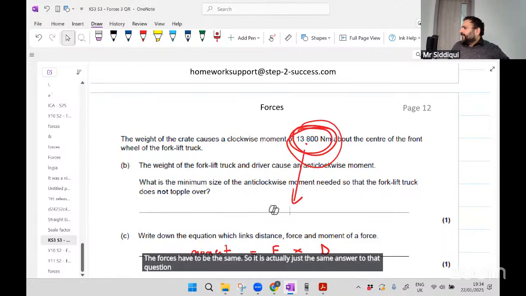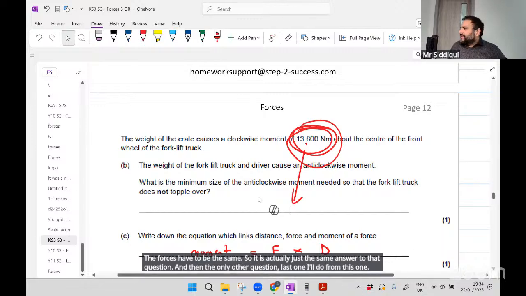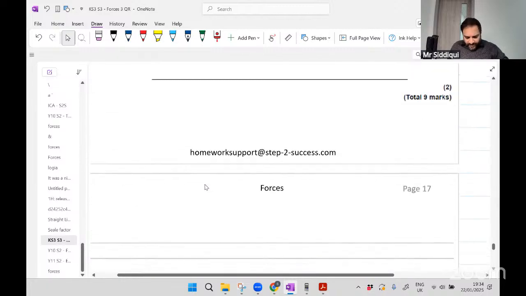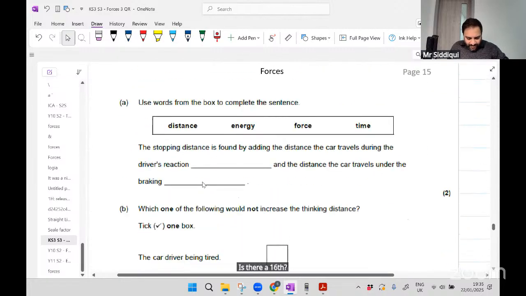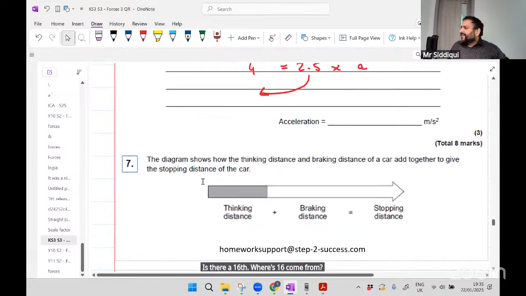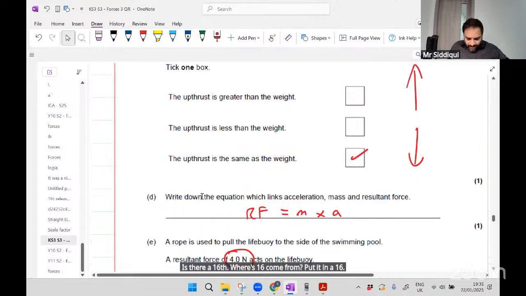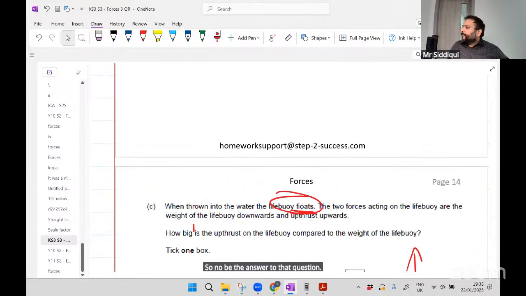And then the last one I'll do from this one, number 16. Is there a 16? Where's 16 come from? There isn't a 16.